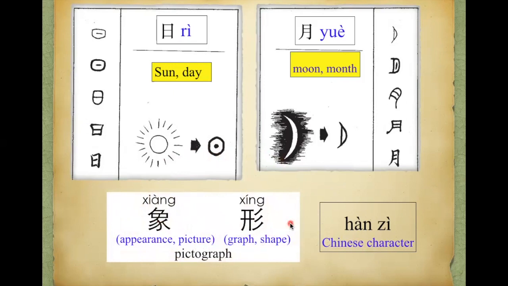That's the first way, the most original way how Chinese create their 汉字. They saw the appearance picture and then they draw the shape. So those are called 象形, pictograph.